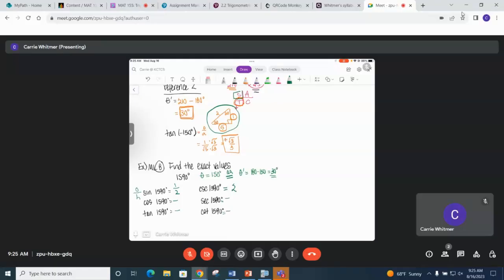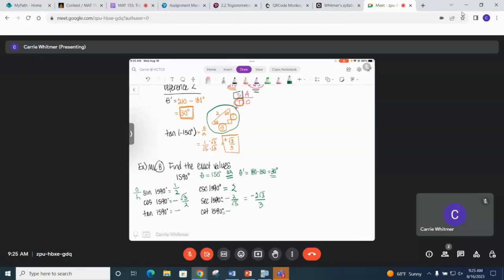Cosine is adjacent over hypotenuse, so adjacent side from 30 degrees is radical 3 over the hypotenuse. So that's going to be negative radical 3 over 2. That's going to mean secant is negative 2 over radical 3. Rationalize that to get negative 2 radical 3 over 3.